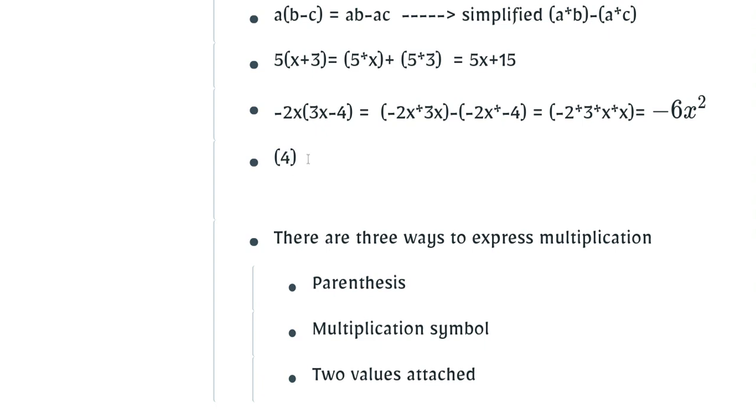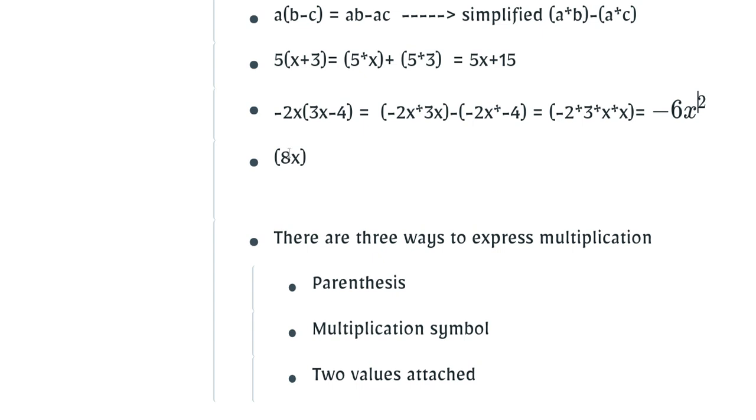Wait, so negative 2 times negative 4. Positive 8. Positive 8. Exactly. Positive 8, right? And now we can just attach back the x that was on the 2, correct?